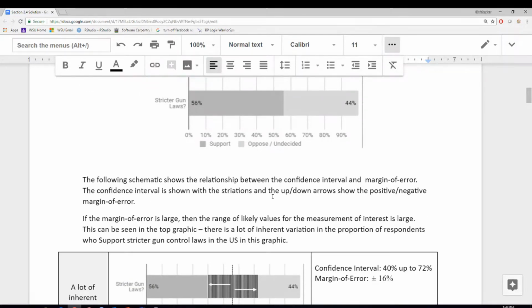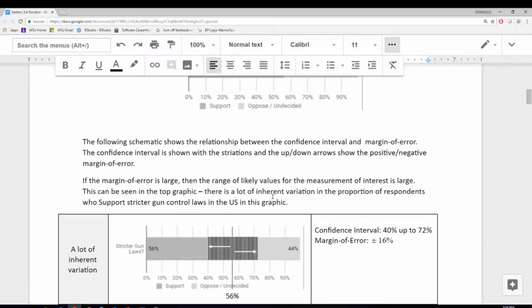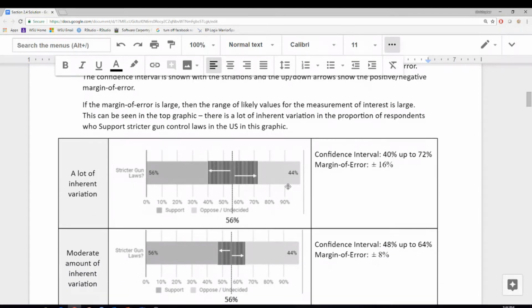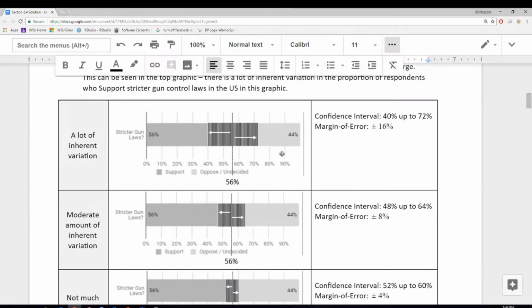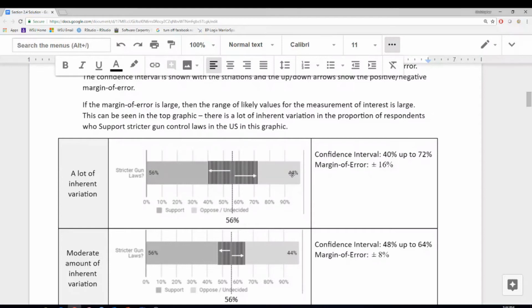Okay, let us consider the following set of graphs here that will help explain the relationship between confidence intervals and margin of error. In this first example, or the example presented at the top here, there is a lot of inherent variation being shown here. Now, what do I mean by the inherent variation?